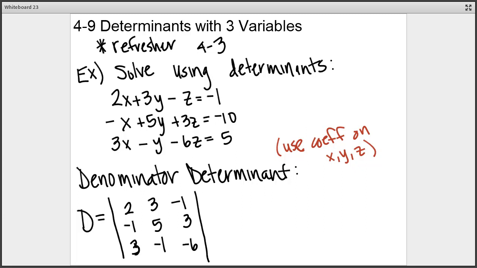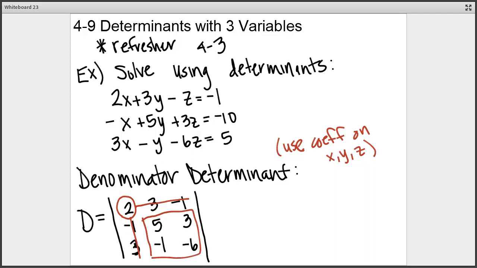When you take the first one, you're going to take this 2, and you're going to ignore this row and that column, and you're going to just use that little box that I boxed as your 2 by 2 determinant.